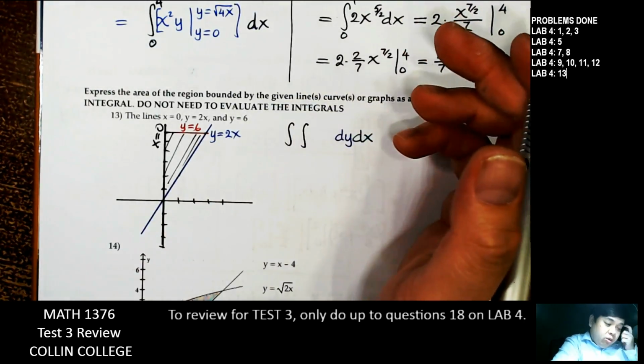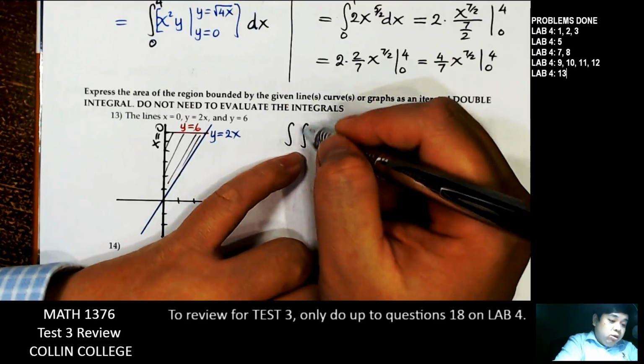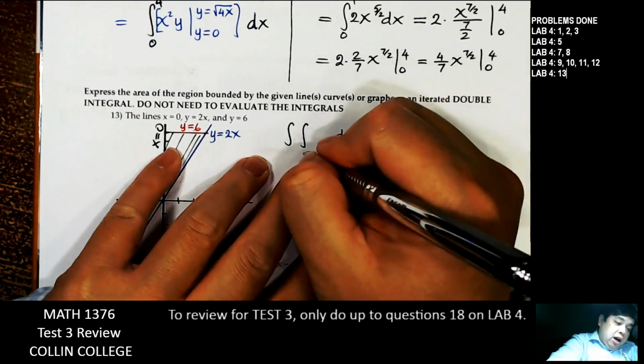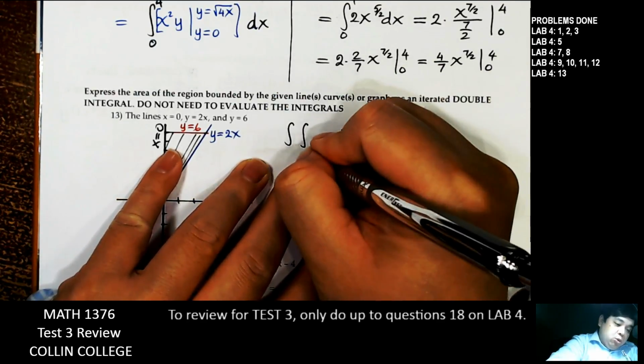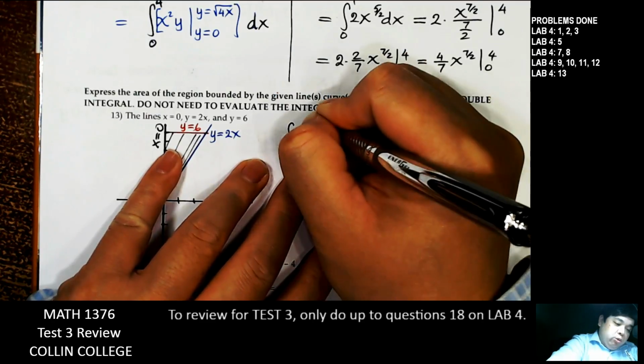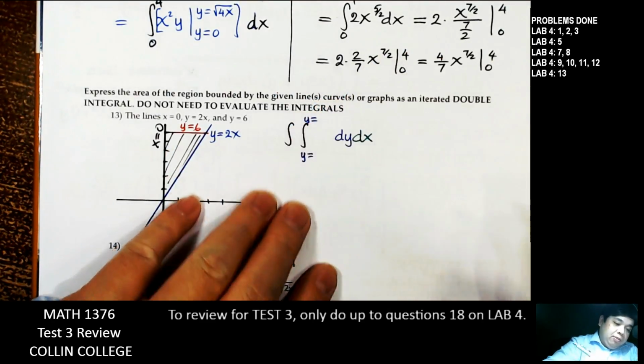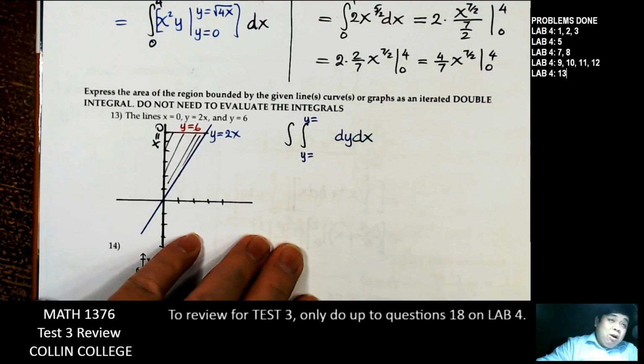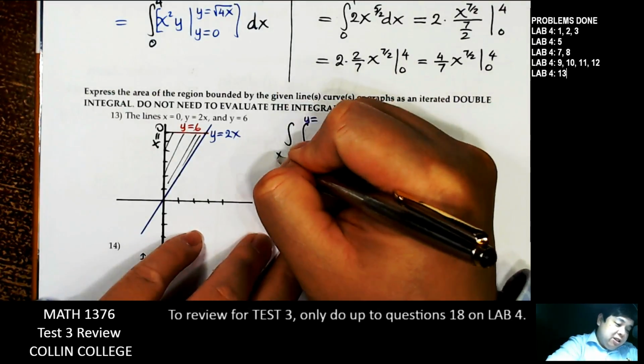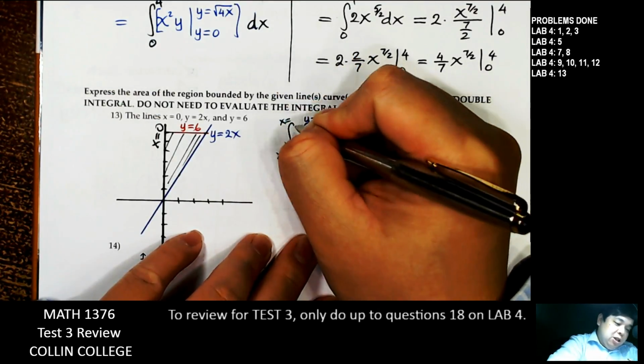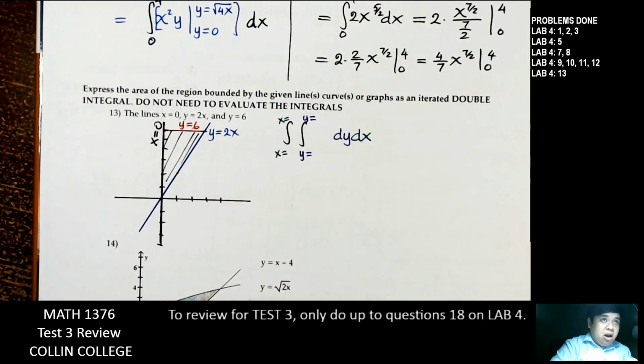In this problem, we don't worry about that. We just worry about the limits. Because we put the y inside, this will be bounded by 2 functions of y, and the outside will be bounded by two values of x. So those are constant. The outside must be constant. Inside, it could be anything.